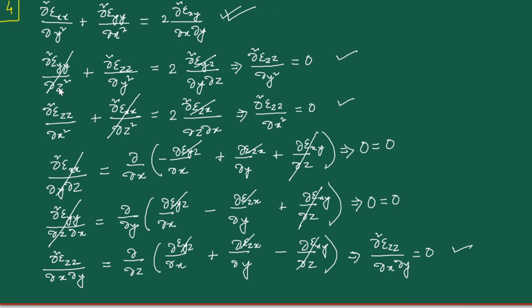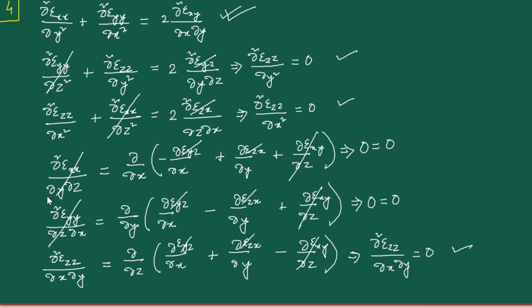So this term is again going to cancel out. Epsilon zz now is 0, so this second equation is again going to turn out to be a 0 equal to 0 form. This one also gives a 0 equal to 0 form, because in the plane strain condition epsilon zz is equal to 0.